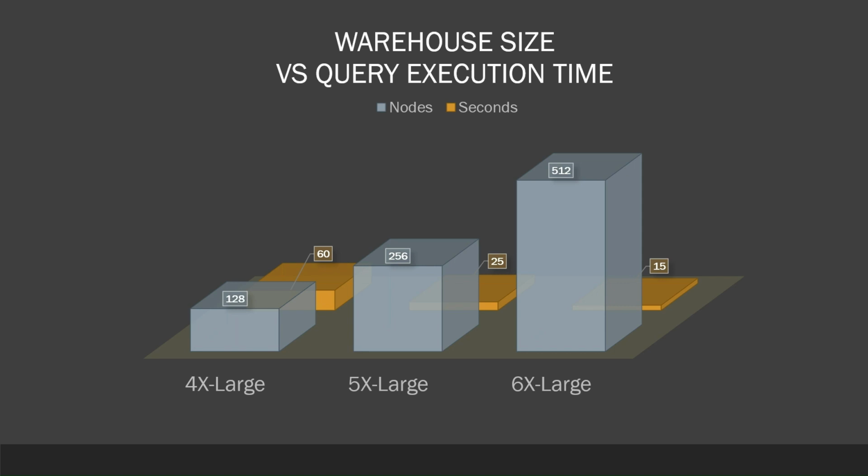In our experiment here, we almost had half of the execution time each time we doubled the size of our warehouse. This will not always happen in real life, but what we had here is that the higher cost for the warehouse size was actually compensated by the shorter execution time of the query.